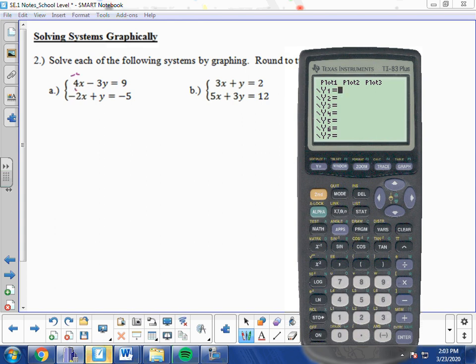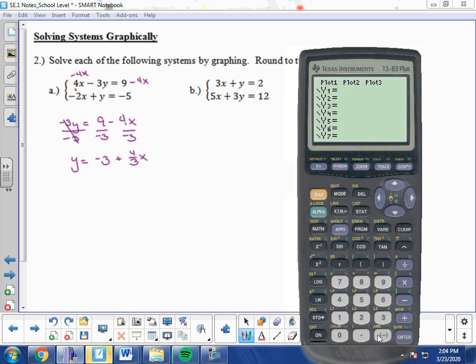So if I subtract 4x here and subtract 4x there, it's going to give me negative 3y equals 9 minus 4x. Or if you put negative 4x plus 9, that's okay as well. Then I would divide by a negative 3 and simplify where we can. So the first equation is y equals negative 3 plus 4 over 3x.